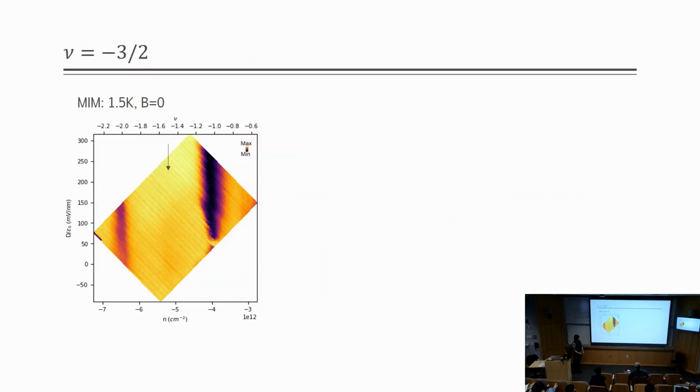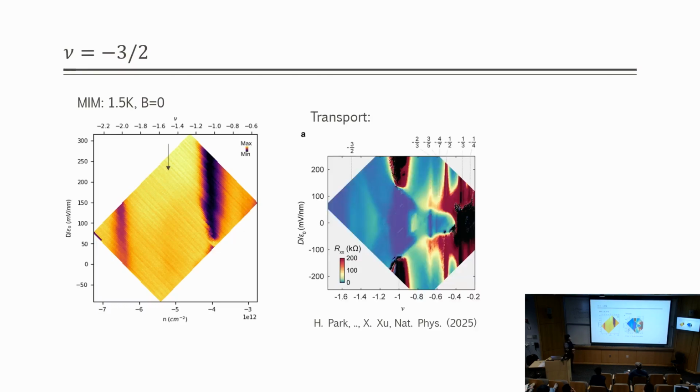Okay, and then of course we can also push it into the other regime, the nu equals -3/2 state. In the very beginning, we saw that at B equals 0, there was some shaded area. That shaded area means that there might be something going on over there that's somewhat insulating. Later on, transport showed a more clear nu equals -3/2 state over there, which they explained as an incipient Chern insulator state.